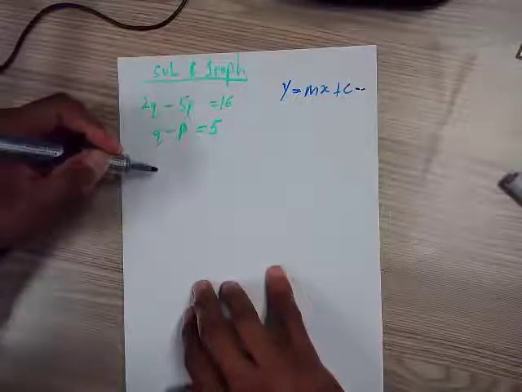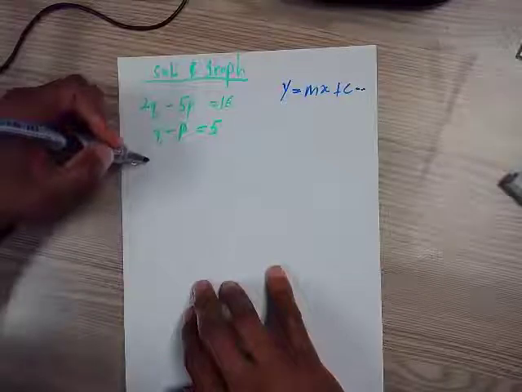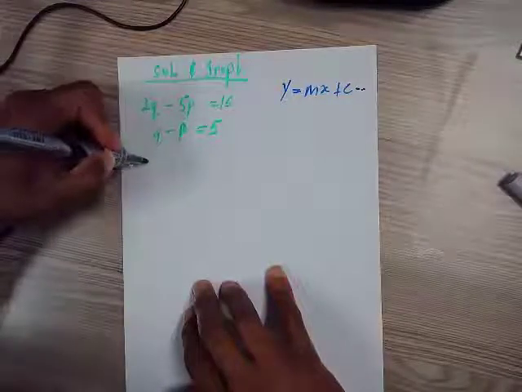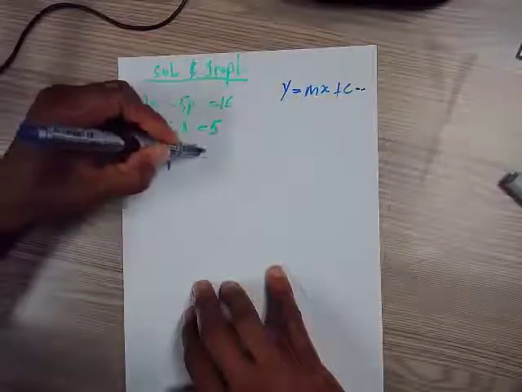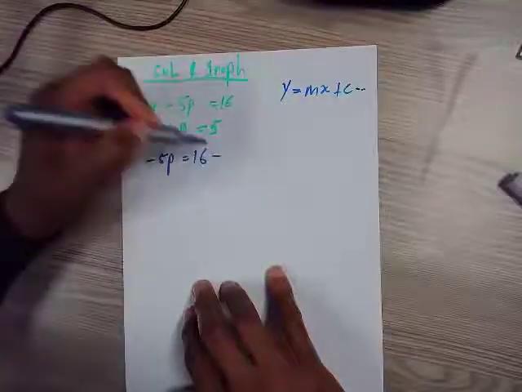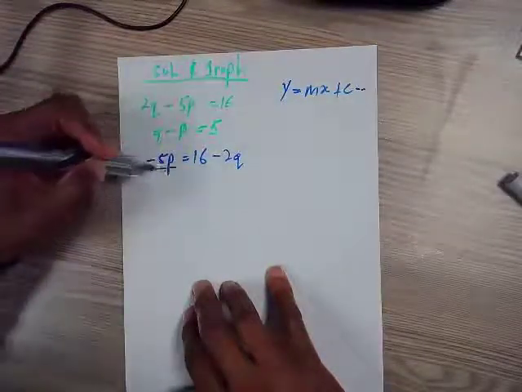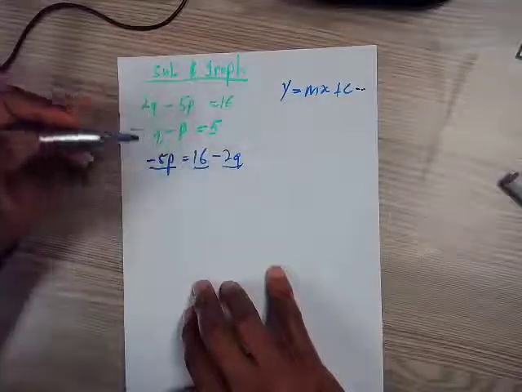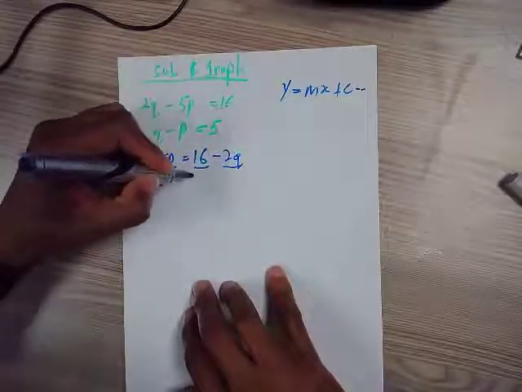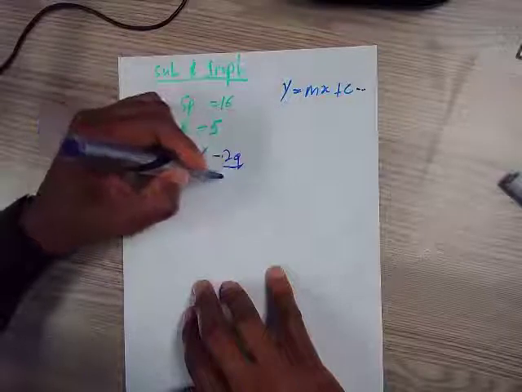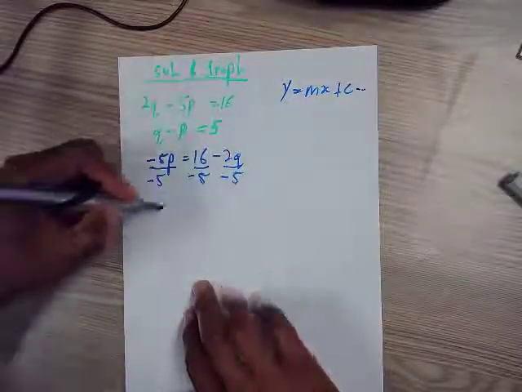So I'm going to go minus 5p equals 16, take 2 to the other side, it's going to be 2q, right? And I'm going to divide throughout using minus 5, and minus 5. What is it going to give me?